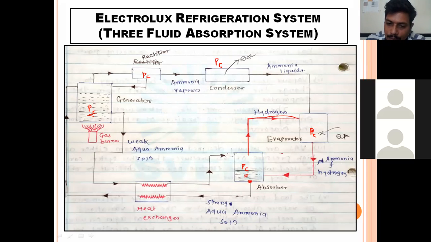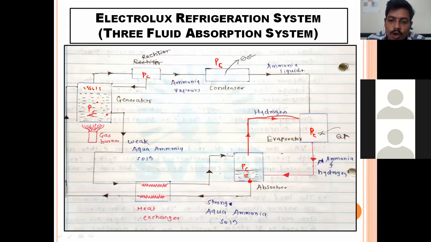Now here, as we are supplying the heat continuously, there is continuous conversion of ammonia liquid into ammonia vapor in the generator. That's why here we always have the weak aqua ammonia solution.